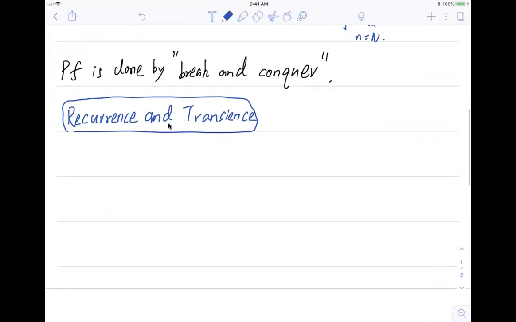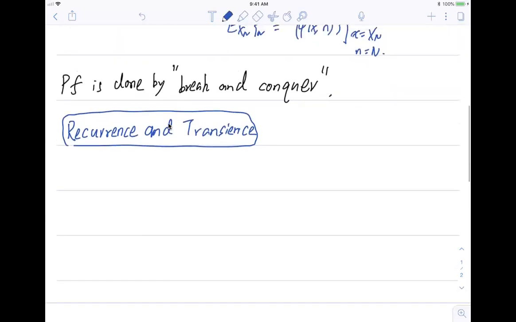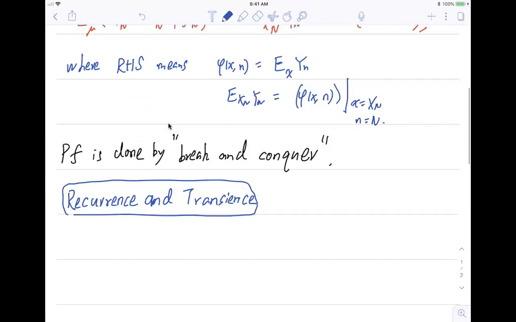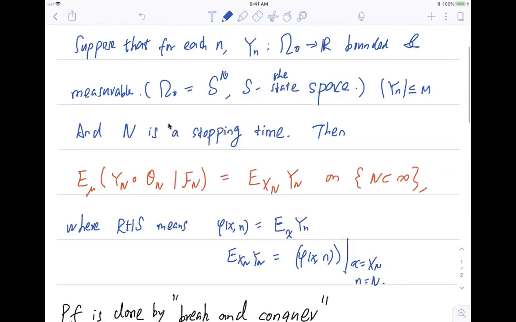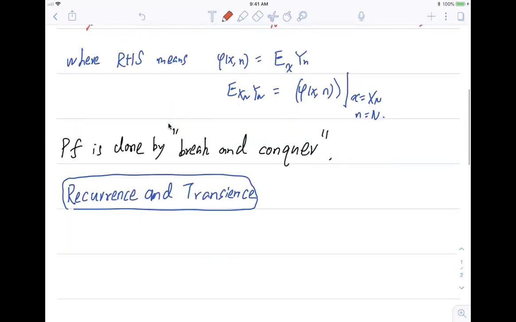The first result we show is just a direct corollary of the Markov property I just showed you, right here.